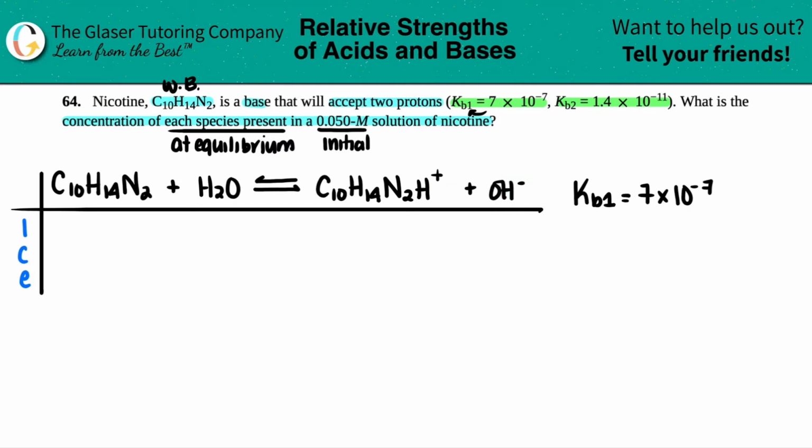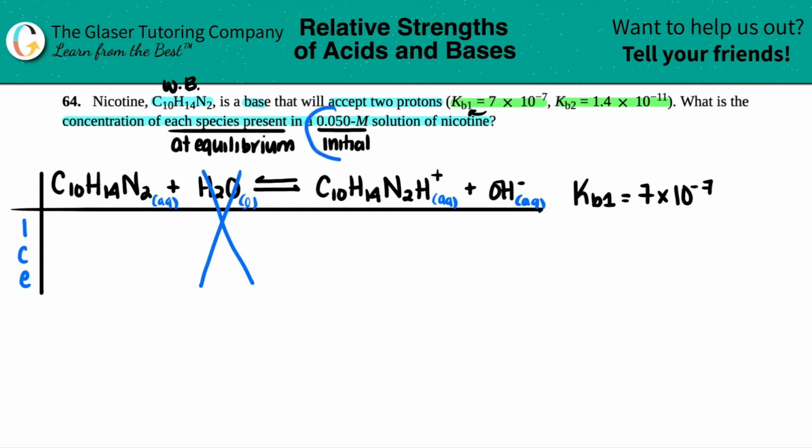Anytime that you see charges, that's always aqueous. So these will be included in my Kb equation. Weak acids or weak bases are always aqueous. But the water is the solvent, that's a liquid. And no liquids allowed in the Kb formula. So I needed this H2O to get the right balanced equation, but in terms of your ice chart, we do not care about it. So just put an X right through it.